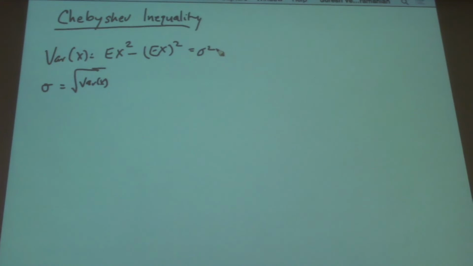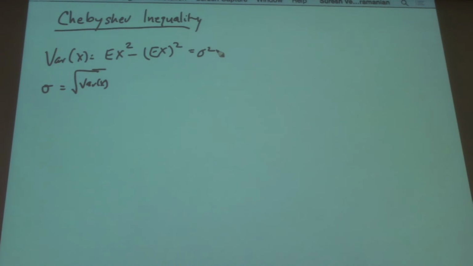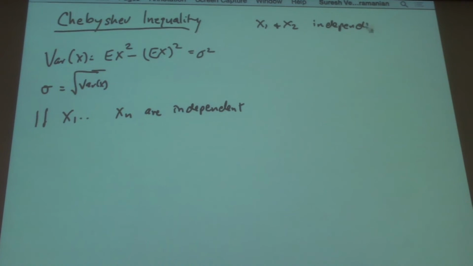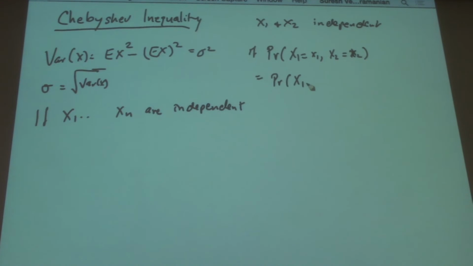Now you, of course, had to do something in your homework assignment relating to this. But I will say something here: we know that if x1 to xn are independent, and hopefully you remember what independence means, x1 and x2 are independent if the probability that x1 is equal to something and x2 is equal to something is the same as the independent probabilities of the two things multiplied together.